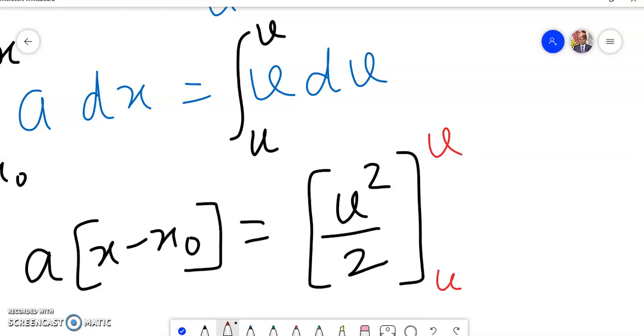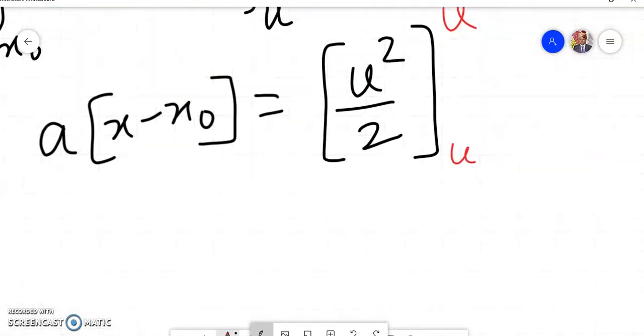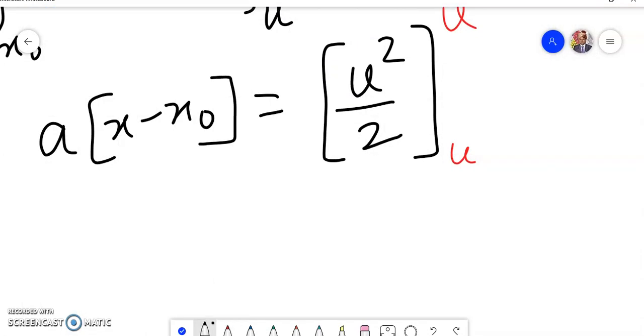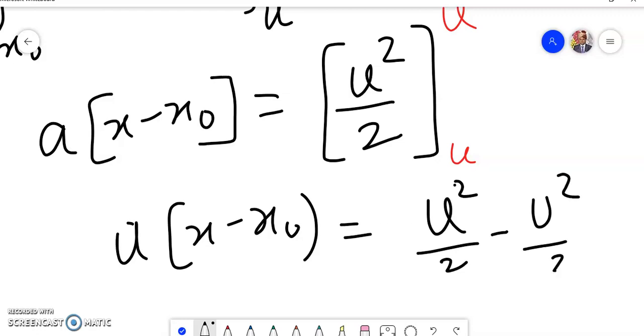We will substitute the value of limits and get the required result. So what you get is a into x minus x naught, keep it like this, no issues, then v square upon 2 minus u square upon 2.